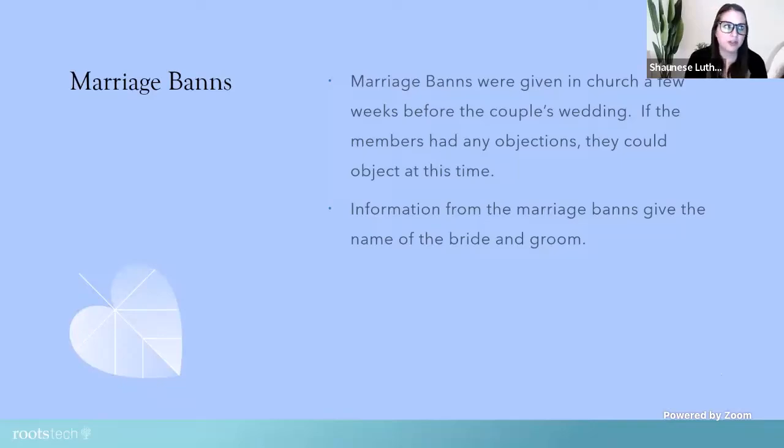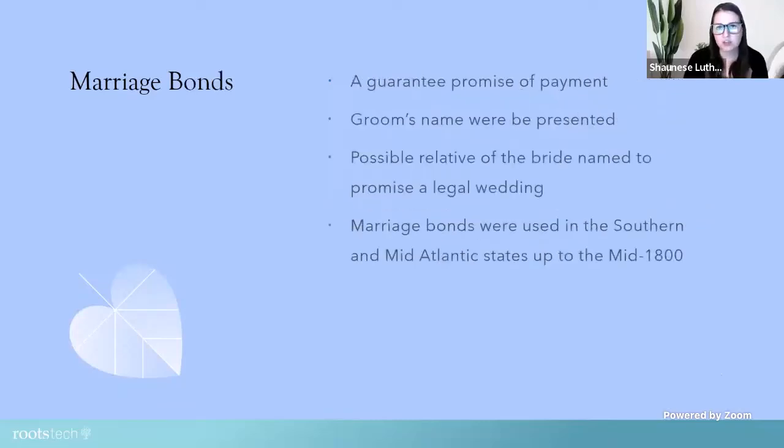And then after marriage banns, we have marriage bonds, which is a guarantee or promise of payment. The groom's name would be present, along with a relative of the bride named to a promised legal wedding. So if the bride is underage, then you'll have the father or the guardian, depending on if the father is alive, signature, giving permission that she can marry.